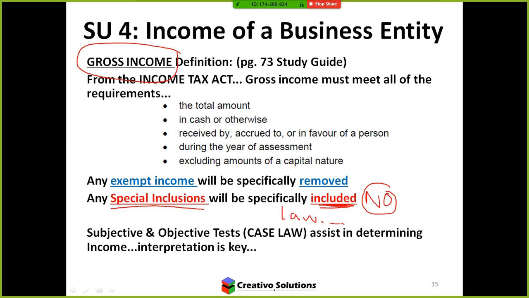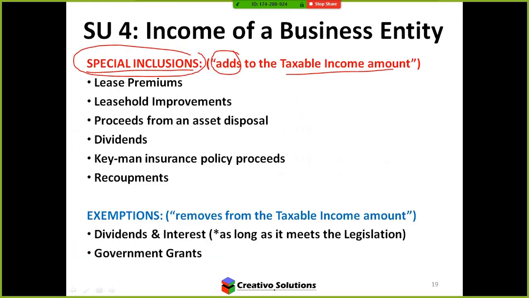SARS states that sometimes certain of these things don't meet the definition but are still included. So these are some of the examples: lease premiums, leasehold improvements, proceeds from the sale of a disposal, dividends, key man insurance proceeds, recoupments. All of them don't meet the definition of gross income.